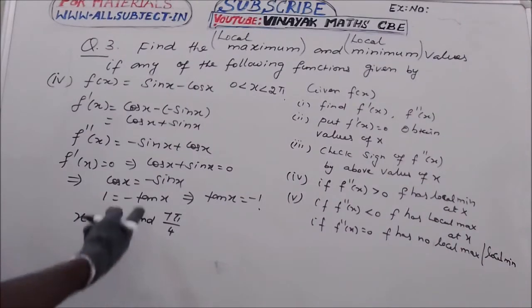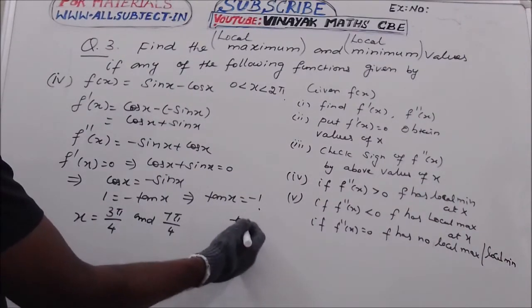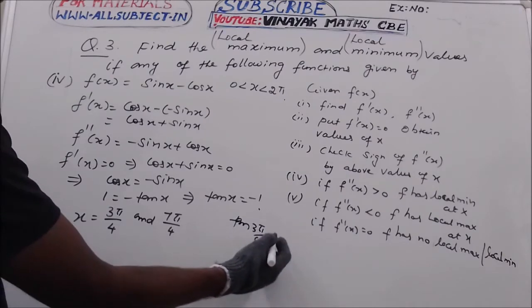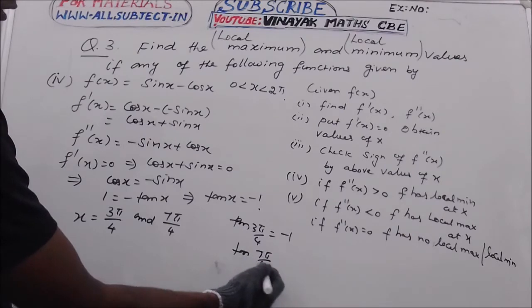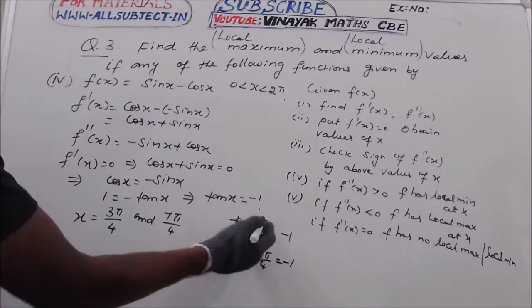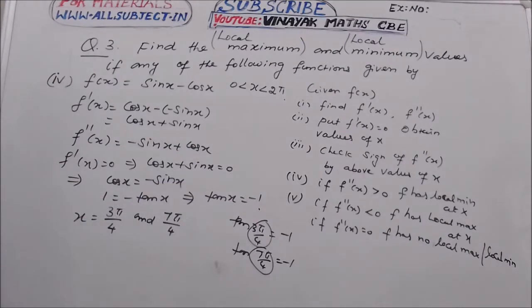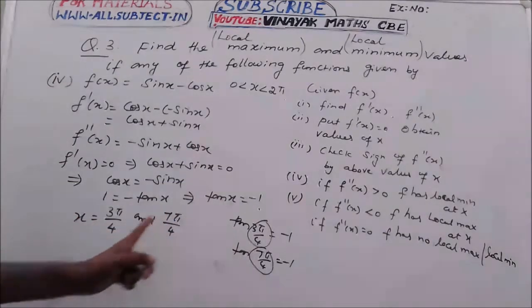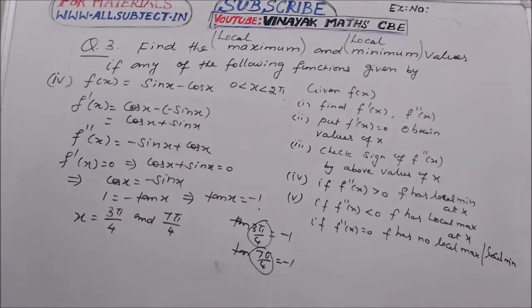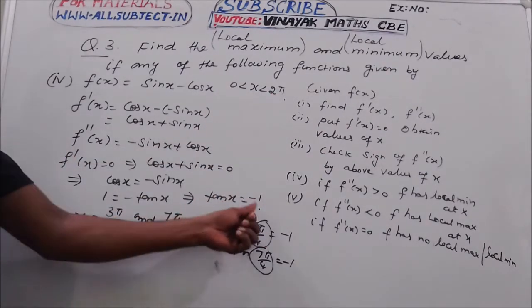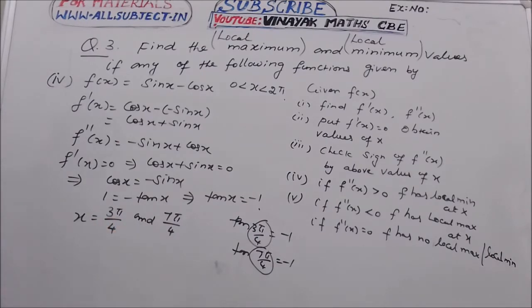For both values tan becomes minus 1, that is tan 3 pi by 4 equals minus 1 and tan 7 pi by 4 equals minus 1, and both lie between 0 and 2 pi. So when tan x is equal to minus 1, x is 3 pi by 4 and 7 pi by 4.